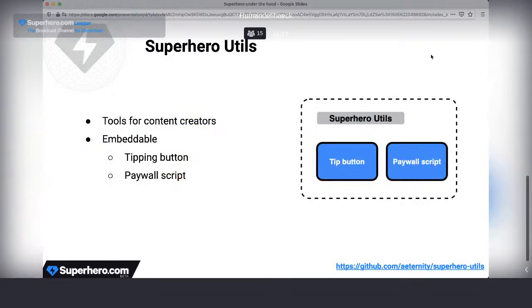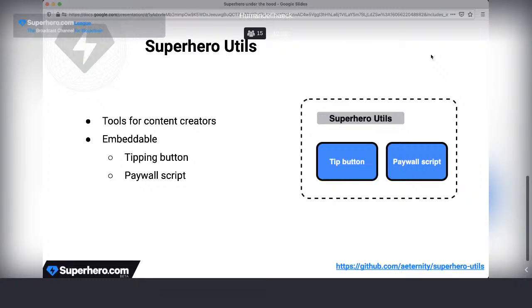And lastly, we have the Superhero Utils. This is a small repository holding two embeddable scripts. One is the tipping button, and the second is the paywall script. The tipping button allows us to inject a small Superhero branded button in our website or blog or whatever else we have that we want to accept tips on, which displays the value currently accumulated for that URL and allows anyone to click on it and send us a tip.